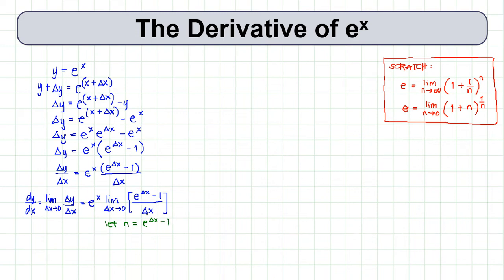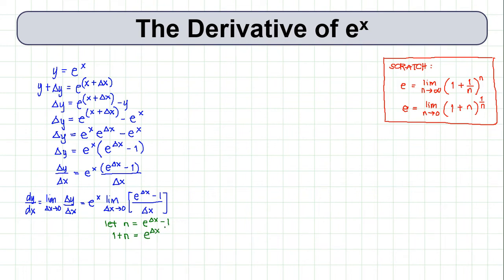No? Para mawala na yan muna sa paningin natin, palitan natin ng n. Tapos, ilipat ko yung minus 1 sa kabila, magiging n plus 1 na to, di ba? Or magiging 1 plus n, tapos ma-isolate ko yung e to the delta x.